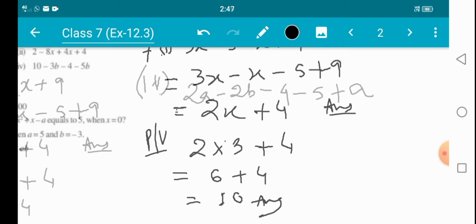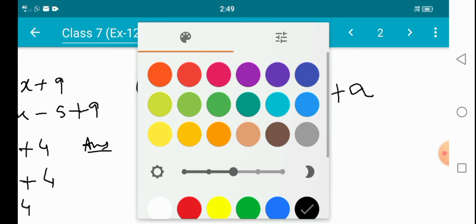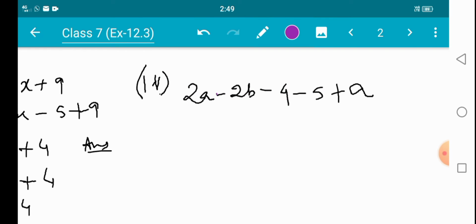Here, after simplifying you have to put the value of a and b, so you have to use the value of a and b both. Now we will solve the sum.